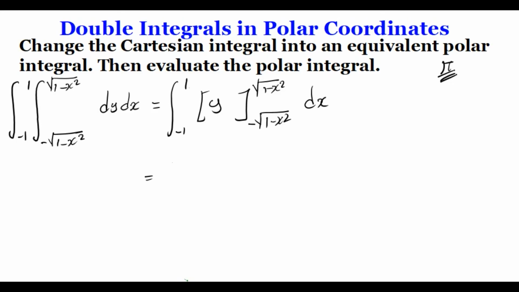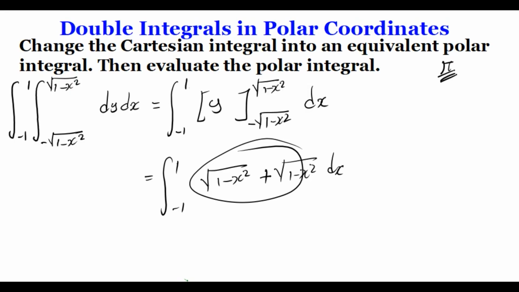So when you substitute, this is going to be the square root of 1 minus x squared minus this one, but it's going to be plus because of the negative that we have here. Then that's the square root of 1 minus x squared dx.